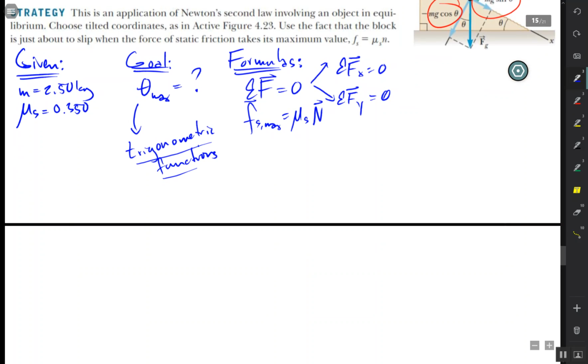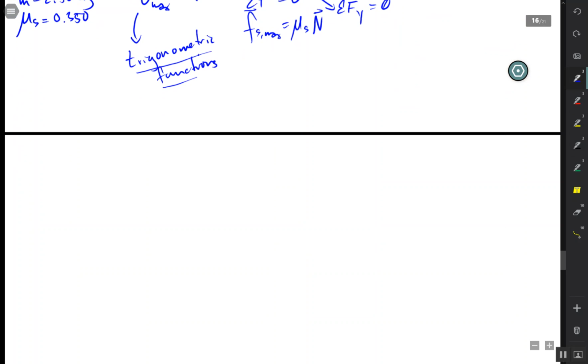So check this out. We start with what we know, that the block is not going anywhere. And what that means is that all the forces on the x equal 0.